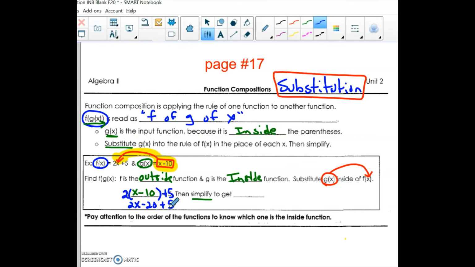And the final version of this is 2x minus 15. Pay attention to the order of the functions to know which one goes inside the other one. The inside function, the g of x, is inside the parentheses, so therefore it goes into the f function.